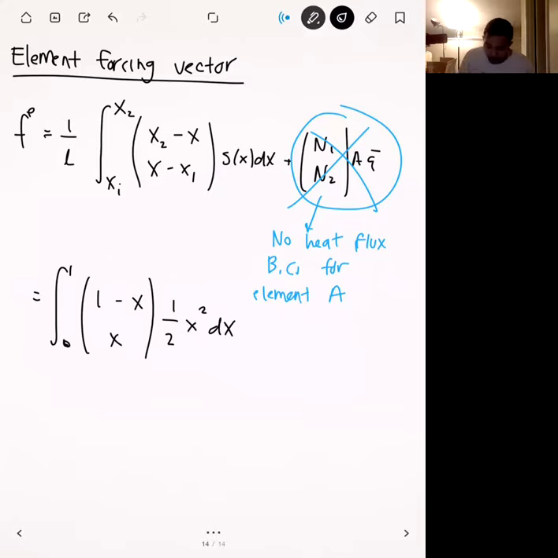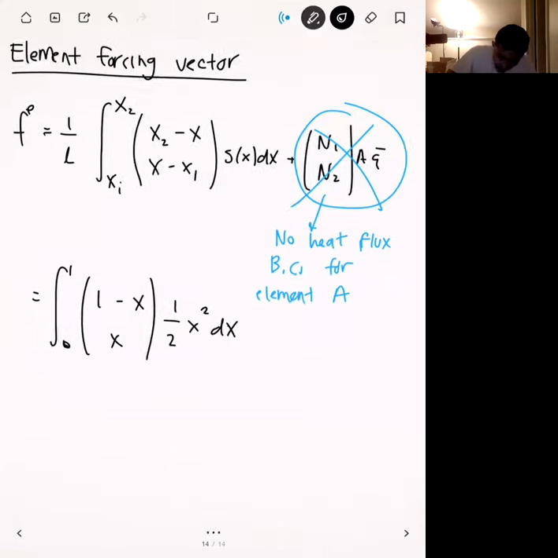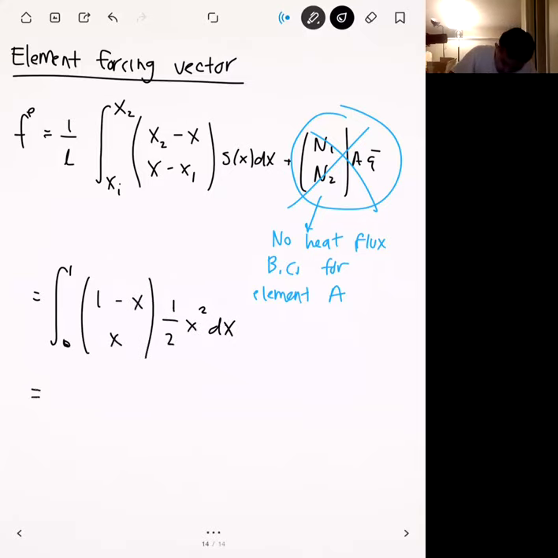And so let's go ahead and multiply this through and then perform the integration. Let's pull the 1/2 out in front. And so we have integral from 0 to 1 of x squared minus x cubed on the top, and x cubed on the bottom.